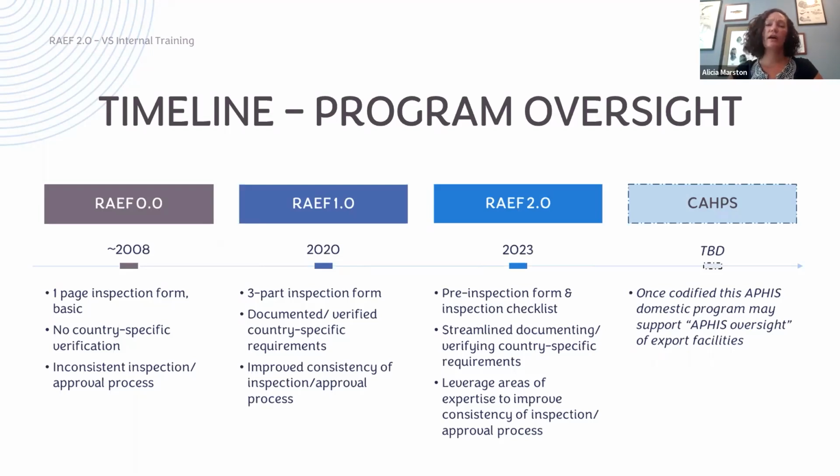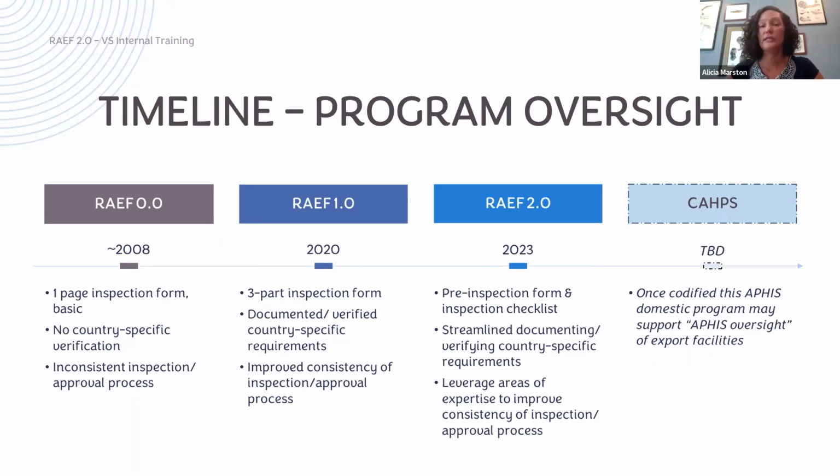We've made a lot of effort to streamline both the documentation and verification process of country-specific requirements. And then you'll also see with the workflows, we're really trying to leverage our areas of expertise within Veterinary Services to improve our consistency of this inspection and approval process.